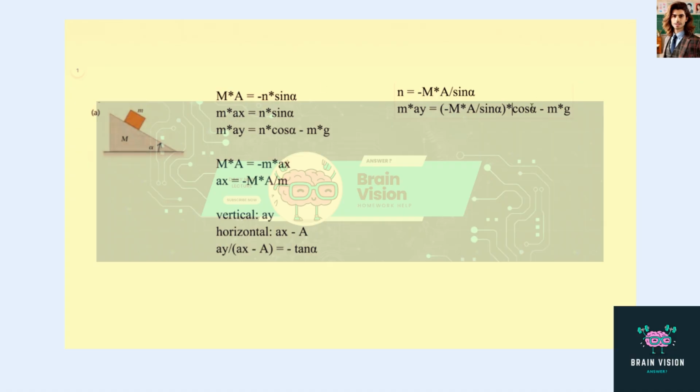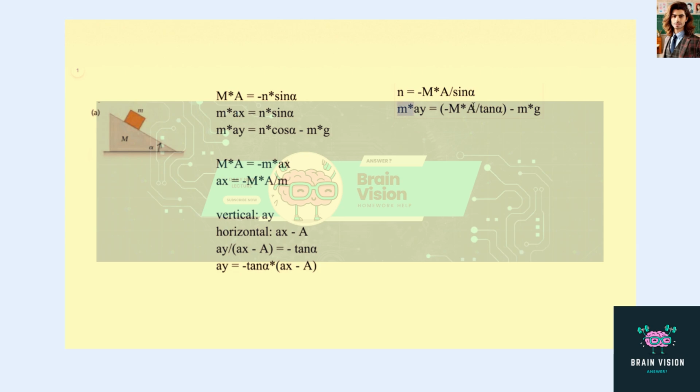So if we look at this, we have cosine divided by sine, and that's just 1 over tangent. So I'm just going to get rid of that and call this tangent of alpha here. So we have this. Now I'm going to come down to this final equation and just rearrange it a little bit. So I have ay is minus tangent of alpha. I'm just going to multiply both sides by this term here. So now we have this is equal to ay, and then this is also equal to ay if I divide by m.